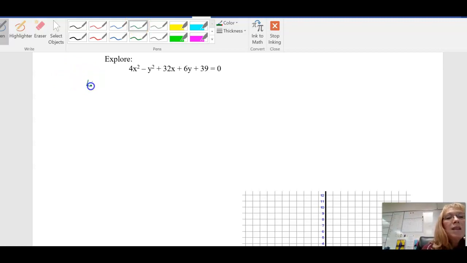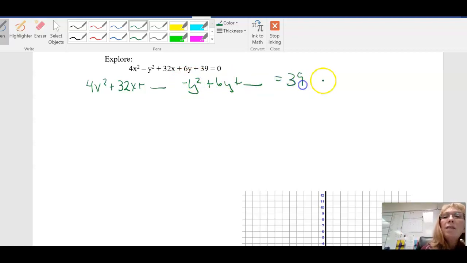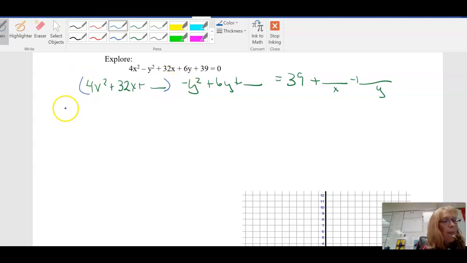Step 1 should have been to get the x's together, and then the y's. Don't forget your blanks. Equals your 39, and then you have your blank for your x and your blank for your y. Now you had to take this and factor out the 4. So when you take out the 4, you've got x squared plus 8x, plus we got to fill in that blank.